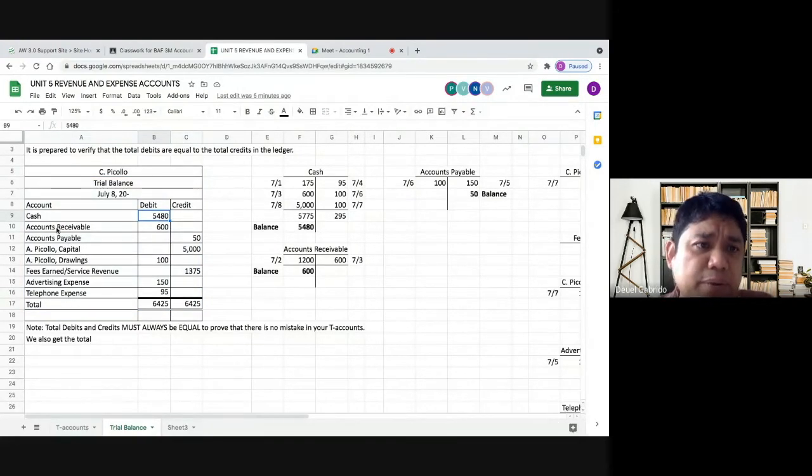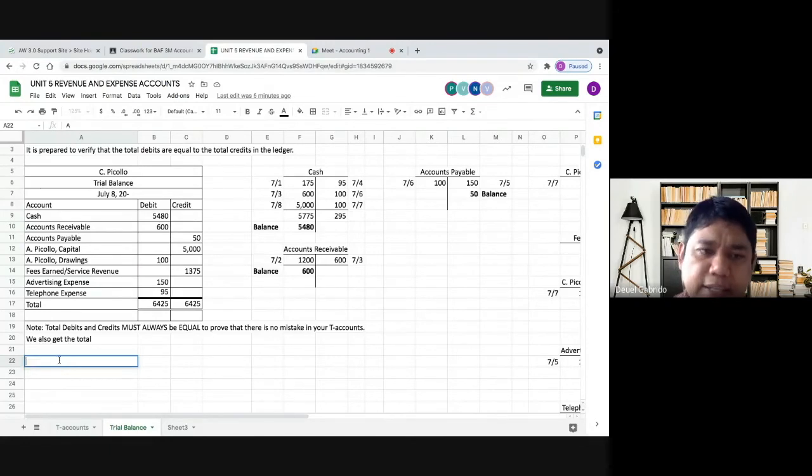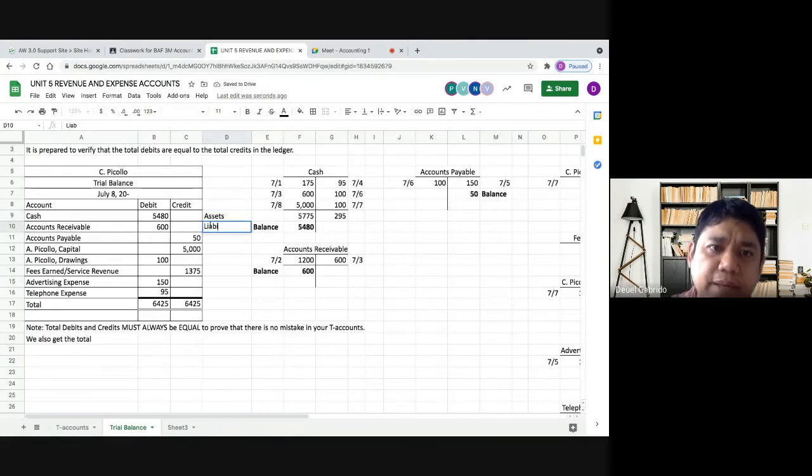Sir, how are we going to arrange the accounts here? The normal order is you start from assets. Assets first, followed by liabilities, followed by capital, followed by drawings, followed by revenue, and then the last is expenses.